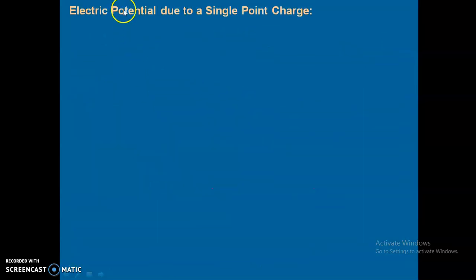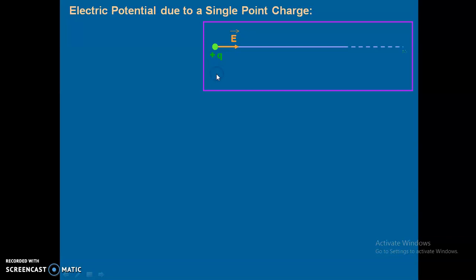Next, electric potential due to a single point charge. If a single point charge is there, let's find out the expression for it. A point is there where positive charge plus q is situated, and the electric field due to this charge is in the outward direction, because positive charge is there.